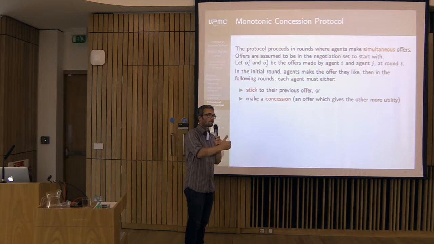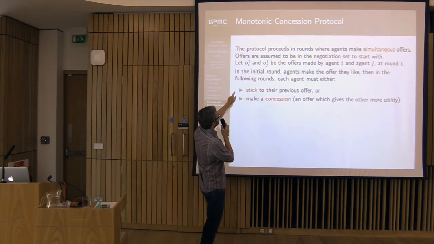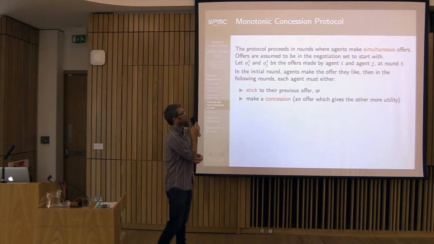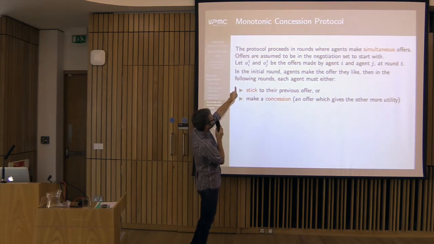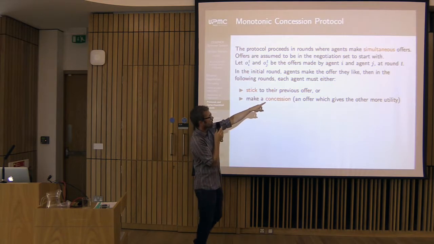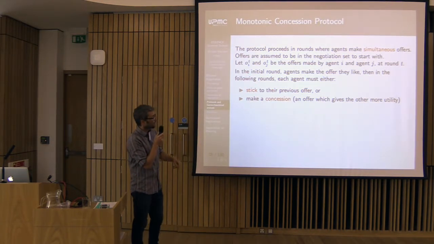So in round 1, agents 1 and 2 will make offers. In round 2, agents 1 and 2 will also make offers. The offers are assumed to be in the negotiation set to start with, and O_i^t, O_j^t will be the offers made by agent i or agent j at round t.